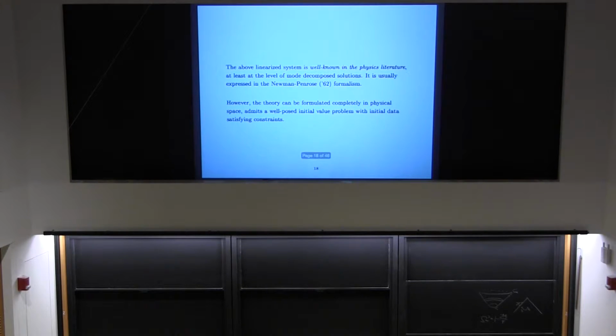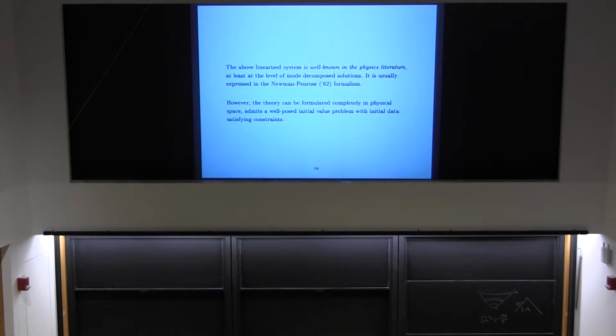Okay, so we have this huge system for linearized metric components, linearized connection components, and curvature components. Now, this system is, in principle, well known in the physics literature. It's just that physicists don't like PDEs. So what you find in the physics literature is mode decomposed versions of these equations.